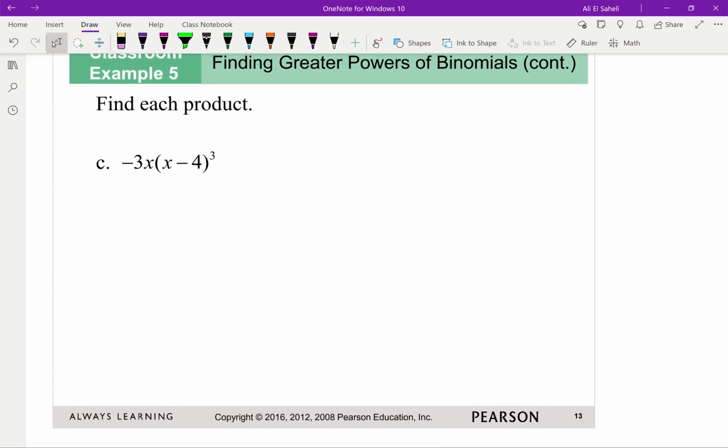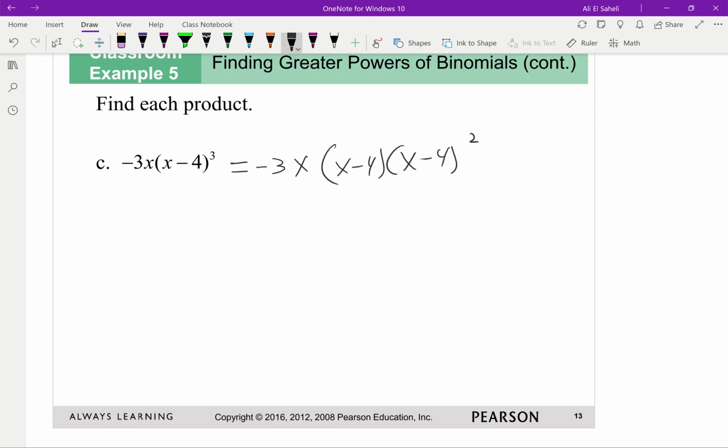All right, this one. First we do this. So minus 3x times (x minus 4) times (x minus 4) squared.